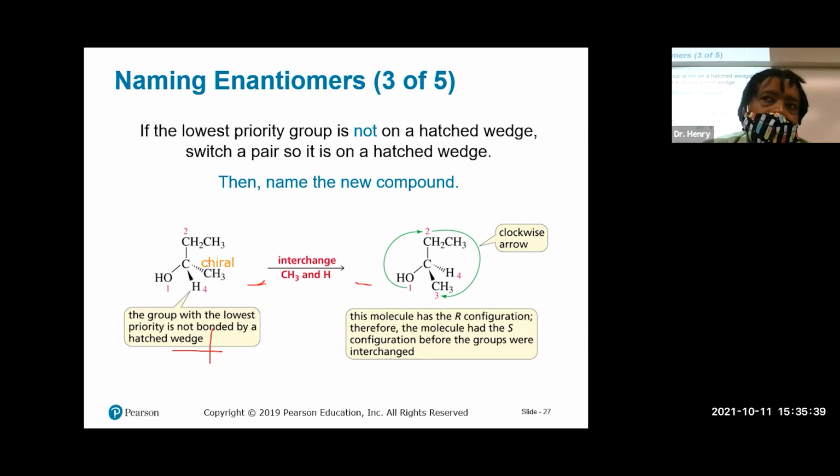Now remember when you asked me about the wedge and dash, does it make a difference? In this case, it's going to make a difference because we have 4 different attachments, right? So in this case, the lowest priority group is not the hash, right?